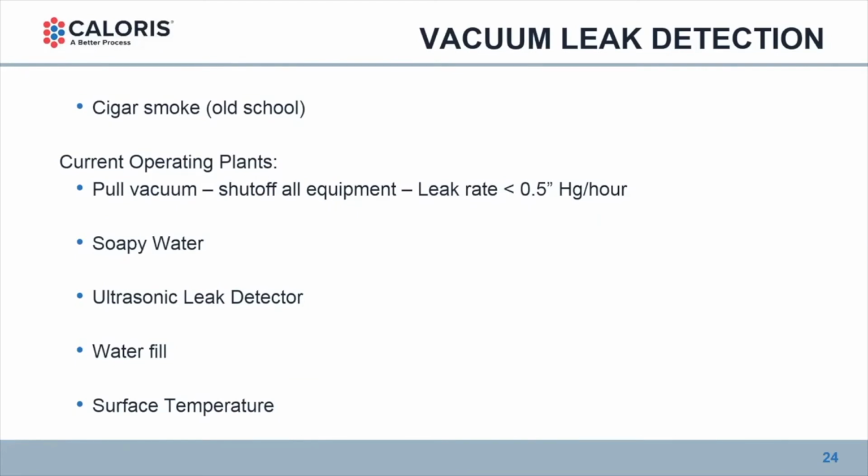If you've got a heat exchanger where you are backing up air at the end, over time the surface temperature of that heat exchanger will be relatively cool to the touch, rather than the 150 or 170 degrees Fahrenheit you're expecting to feel. Those are just some of the general techniques used for walking around and trying to find vacuum leaks on an operating evaporator system.